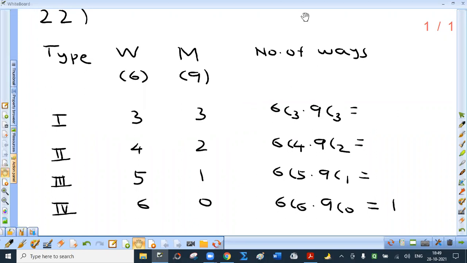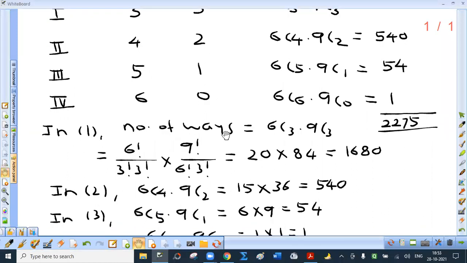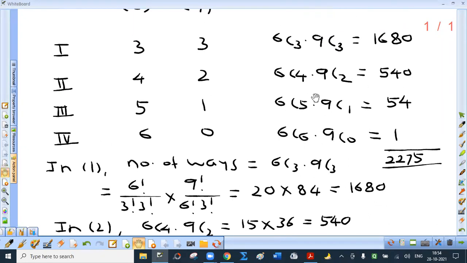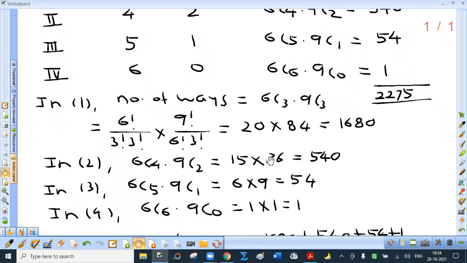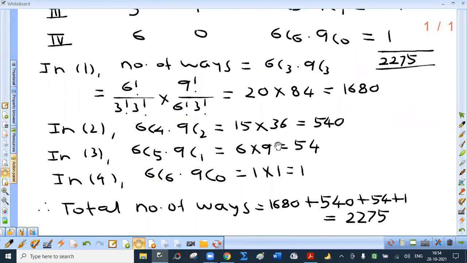First write down this. So you have to write like this in one number of ways: 6C3 20 into 9C3 84. So 1680. Immediately you have to write this here. Second 540, third 54, fourth 1. So total is 2275. So at the end also you have to write total number of ways 2275.